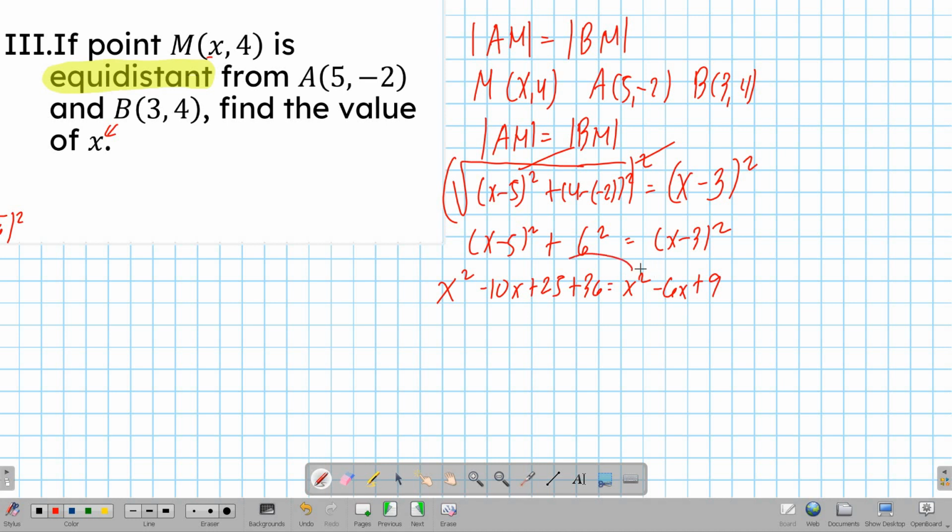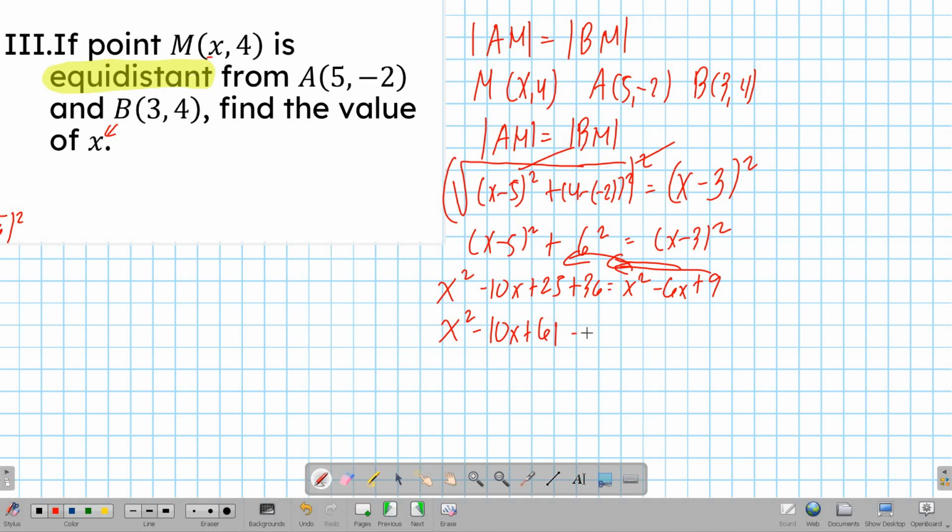So, ilipat natin lahat sa left-hand side, then combine like terms. Let's just combine 25 plus 36 to 61 para mabilis na.